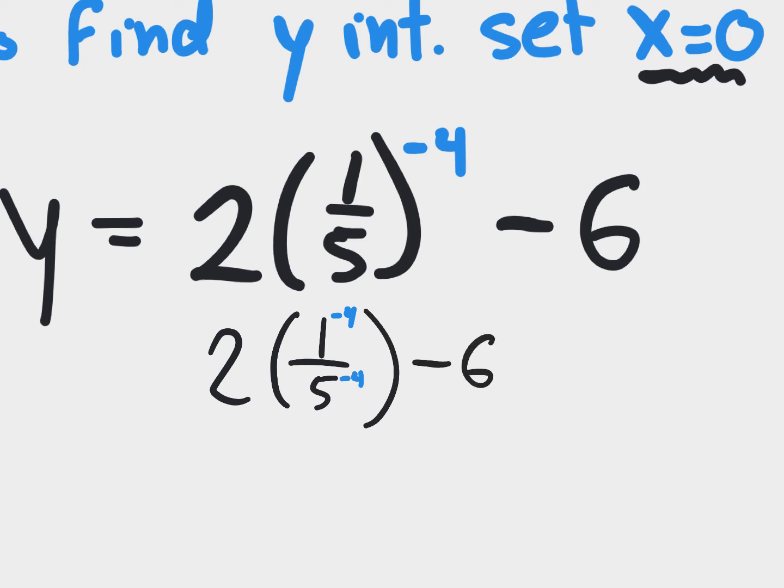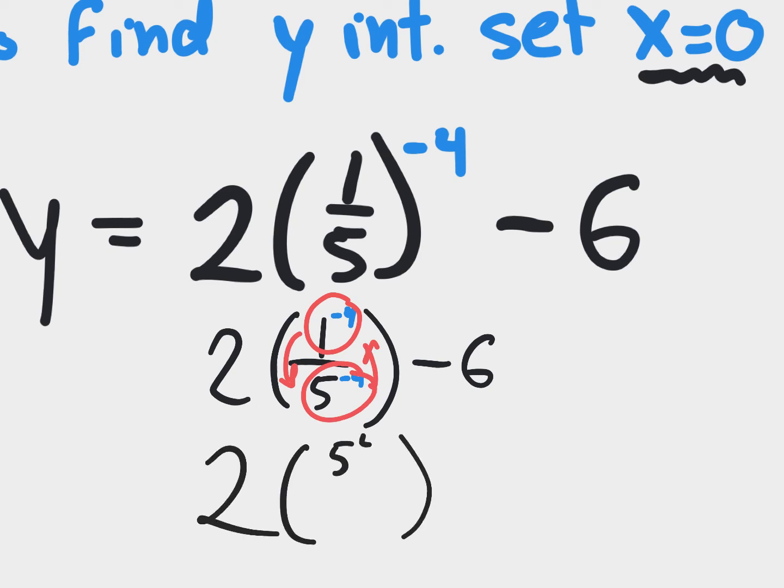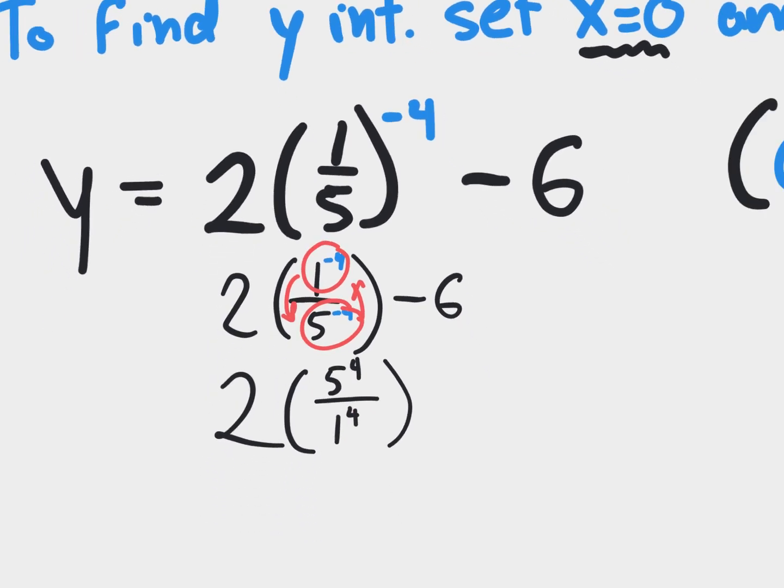But of course, the 1 to the negative 4s are going to go down, and the 5 to the negative 4s are going to go up. So what you really have is 2 times 5 to the positive 4 over 1 to the positive 4. And 1 times 1 times 1 times 1 is still 1, which means it's unnecessary. So what I really have is 2 times 5 to the 4th, because you don't have to put it over 1, especially 1 to the 4th, and then minus 6.